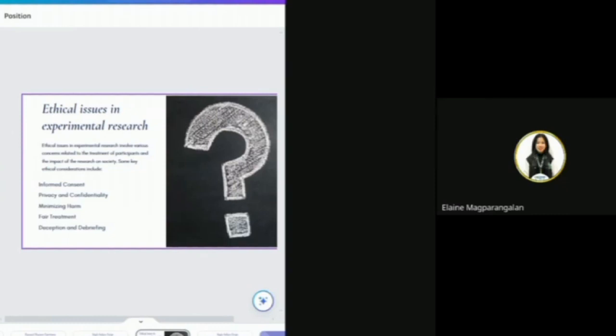So, what is the importance of having informed consent? The importance is to respect the autonomy and rights of participants. Informed consent ensures that individuals have the necessary information to make an informed decision about whether to participate in the research, and it helps to establish trust between researchers and participants.